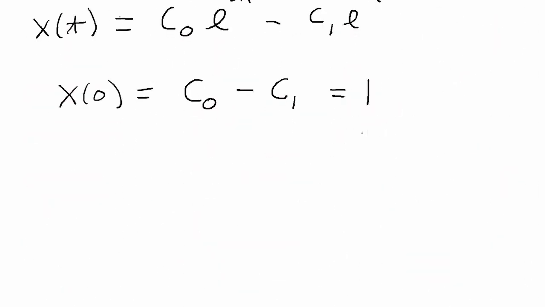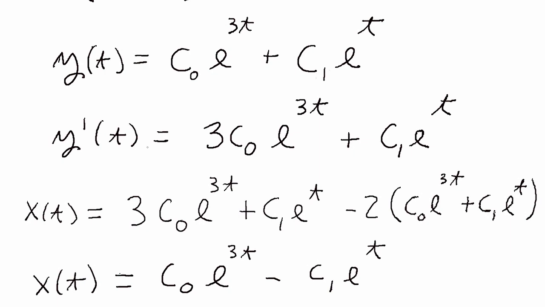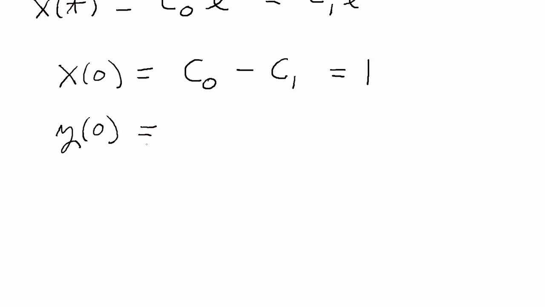We want y at time 0, and y at time t is c0 e to the 3t plus c1 e to the t, so I get c0 plus c1 equals minus 1.